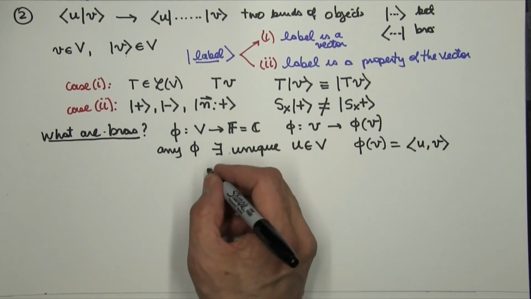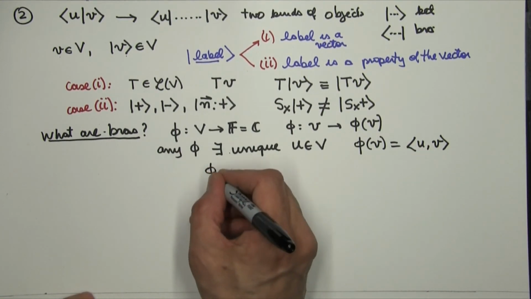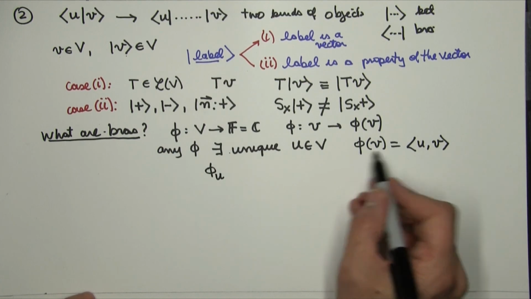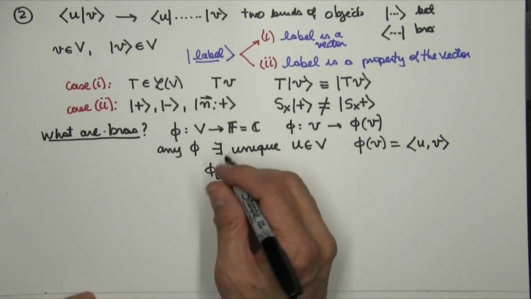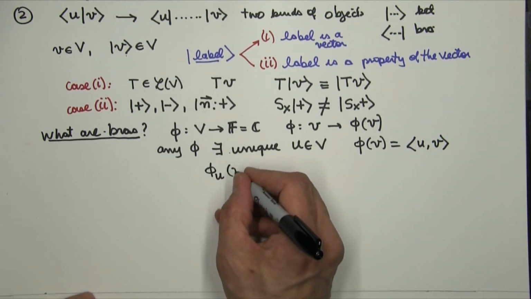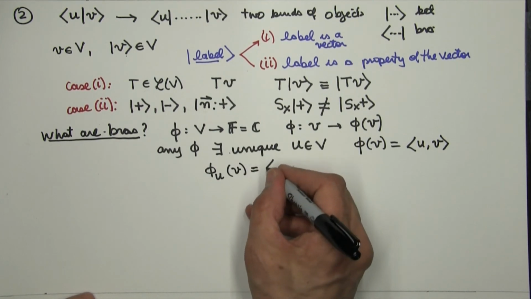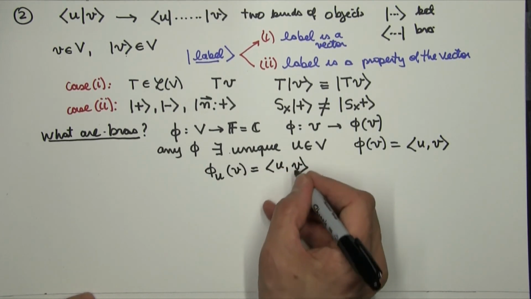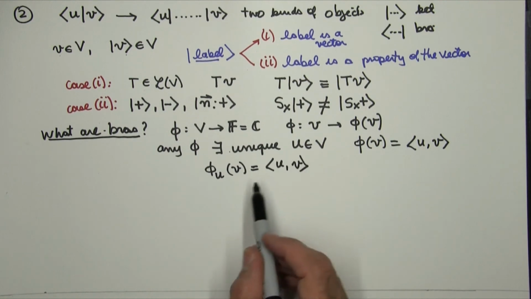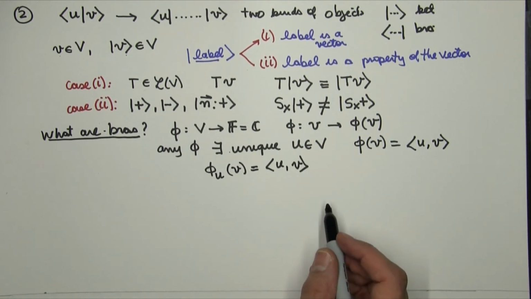And we even call this phi sub u, because the phi is kind of built with u. So phi u of v is equal to (u, v). So these were our linear functionals.